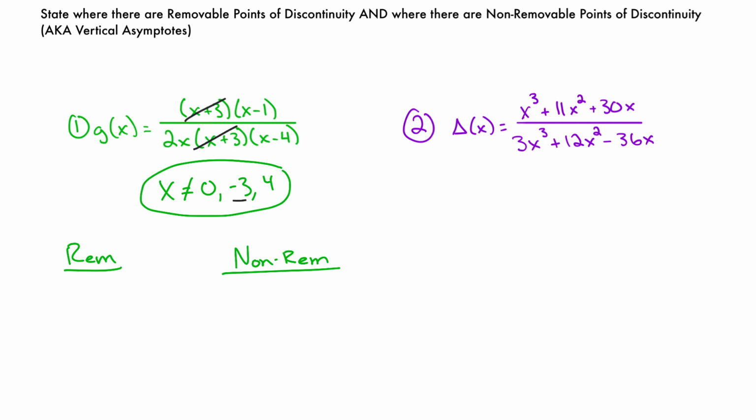So the discontinuity that came from that portion, that got removed, so it's going into the removable category. The other two, the 0 and the 4, they did not get removed. So they go in the non-removable category. And these are my answers.